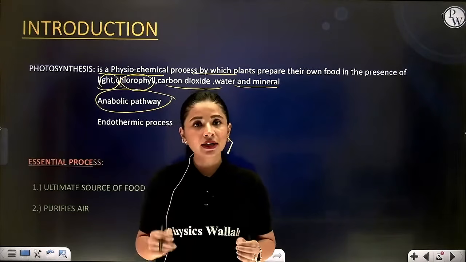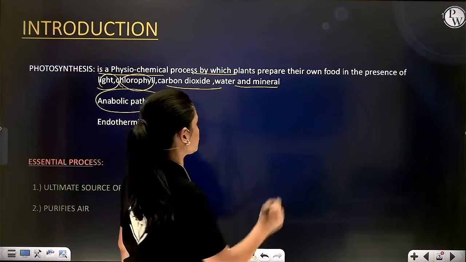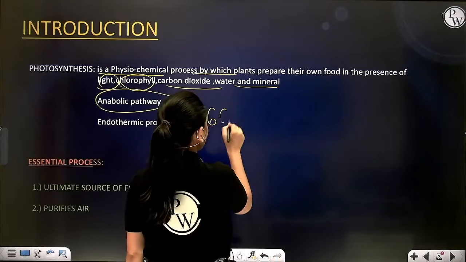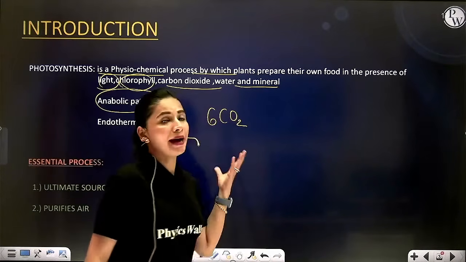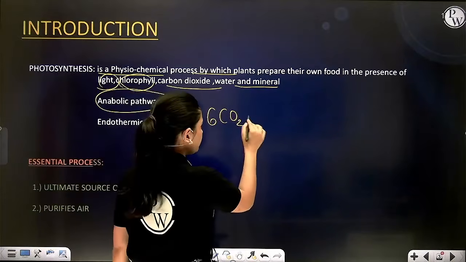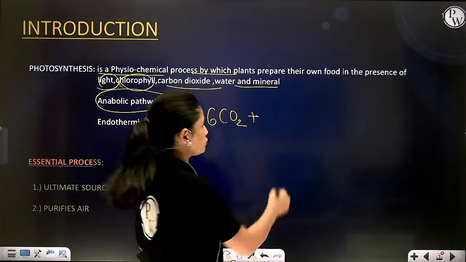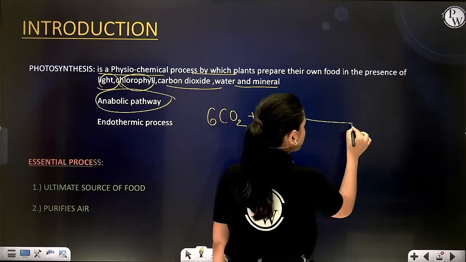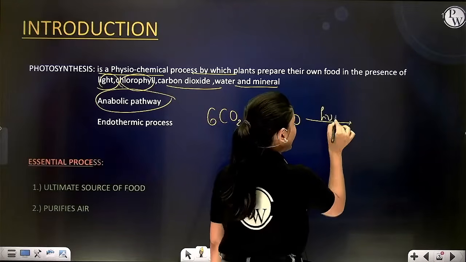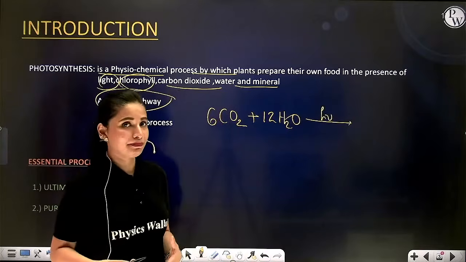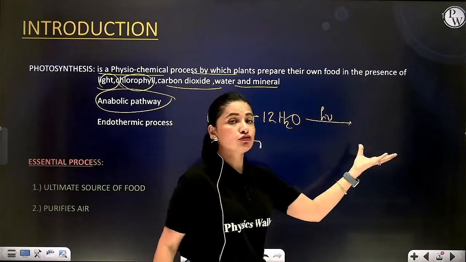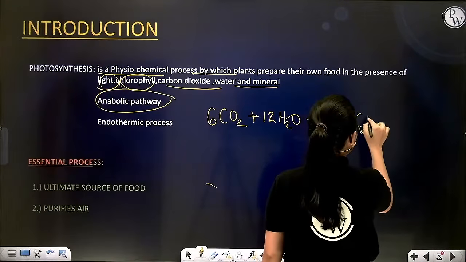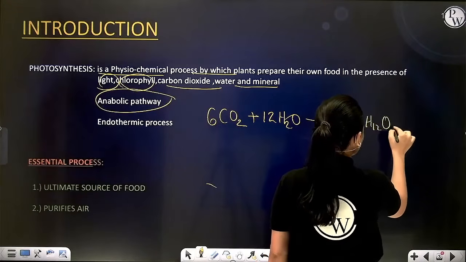So the general equation of photosynthesis will become, I'm going to write a complete balanced equation over here. 6 molecules of CO2 when combined with 12 molecules of water in the presence of light and chlorophyll pigments, then they produce a complex substance which is glucose.